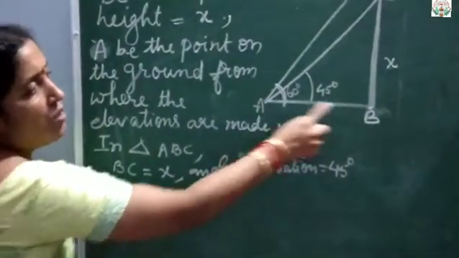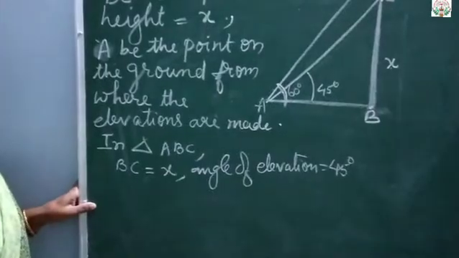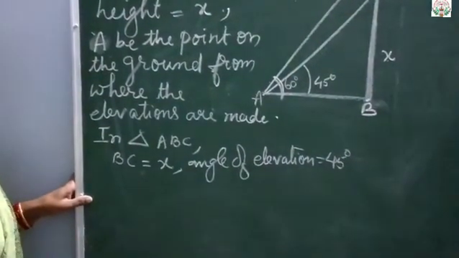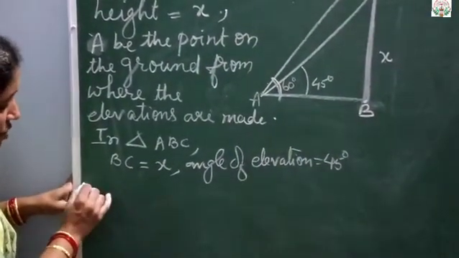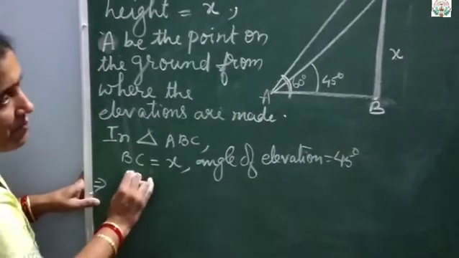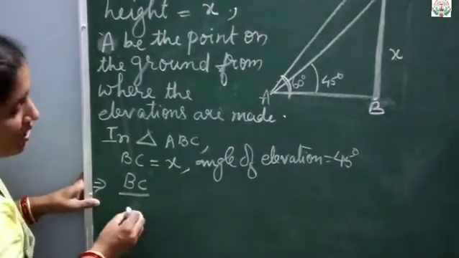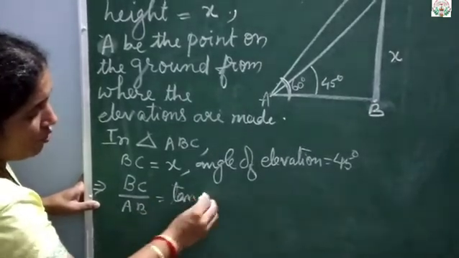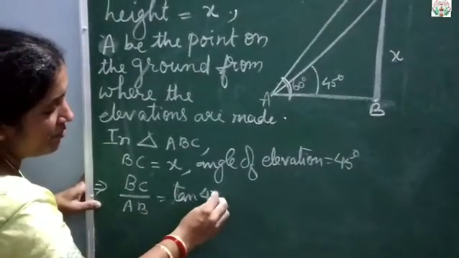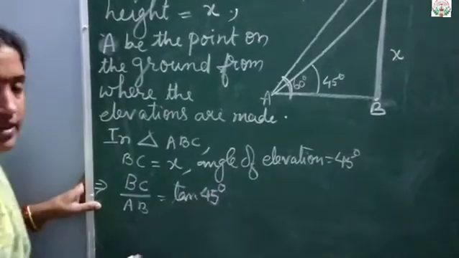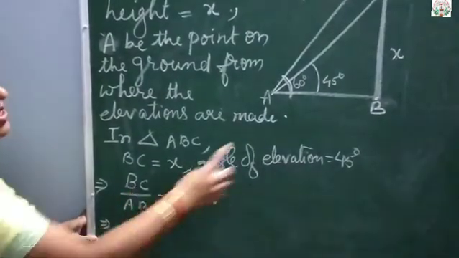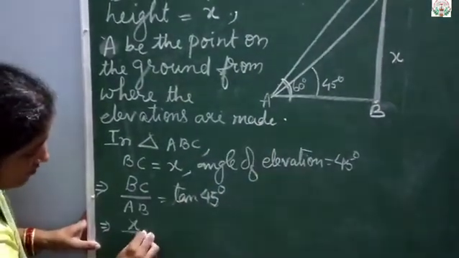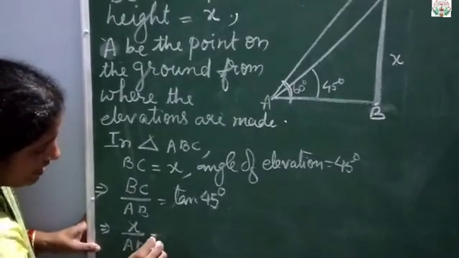So how we will get the base? With tan ratio or function we can use. So implies BC upon AB equals to tan 45 degree, which implies BC is x upon AB equals to how much?